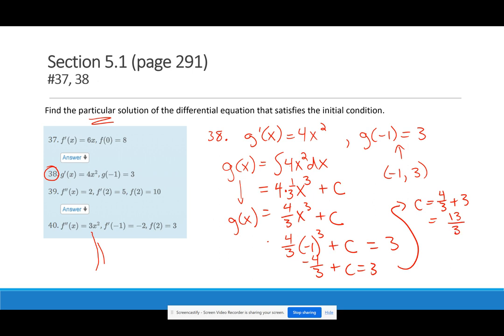And then you're not really done at that point. You have one more little step to do, and that is to take your g, and right there where c was, replace it with 13/3. So that would equal 4/3 x to the third plus 13/3. And that would be your answer on that one.